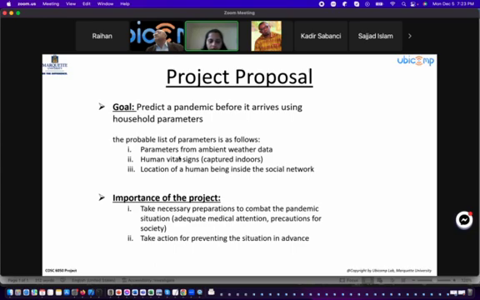So we are trying to put some knowledge of computer science to predict some unusual things based on the data, which will help us to take necessary preparedness to combat the pandemic situation and take action for preventing the situation in advance.